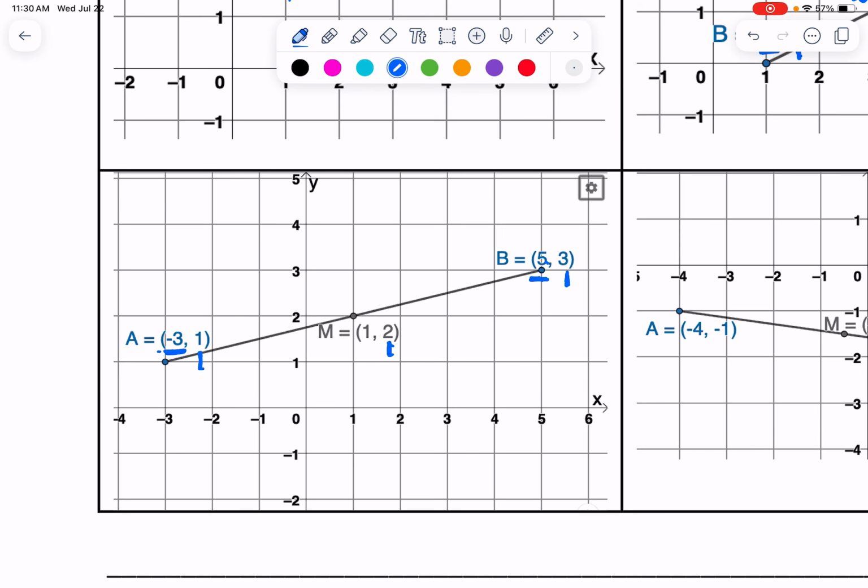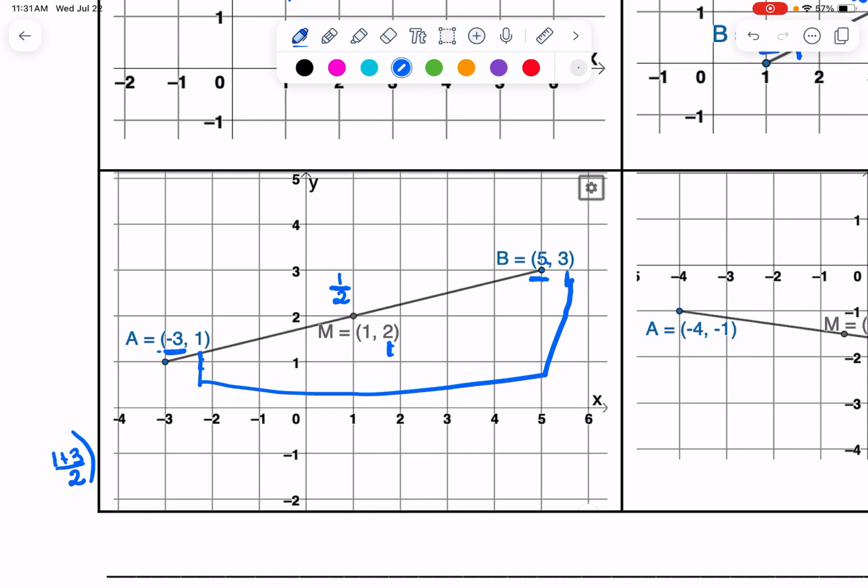So when you think about it, if you're halfway in between, half of something means that we're dividing by 2. So what could I do with 1 and 3 to divide by 2 and get 2? Well, 1 plus 3 is 4, and 4 divided by 2 is 2. That's the y-coordinate.